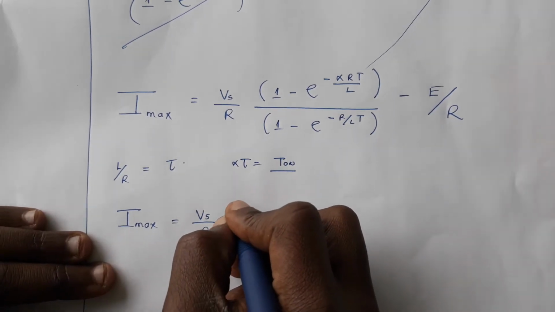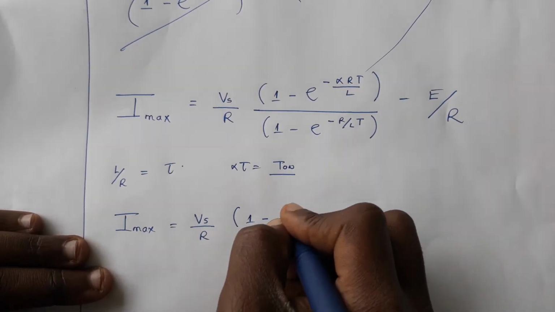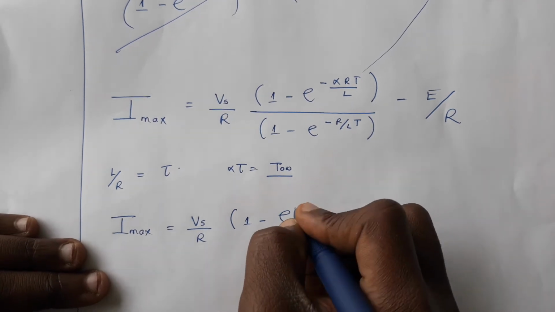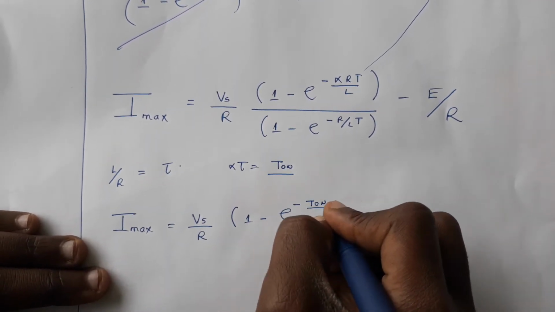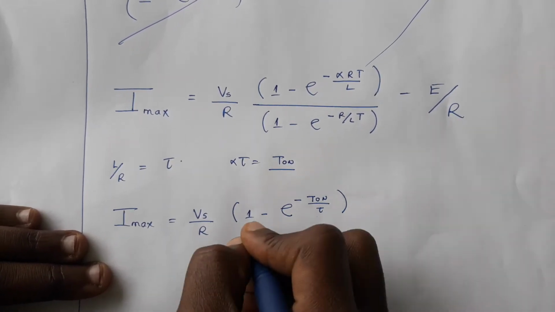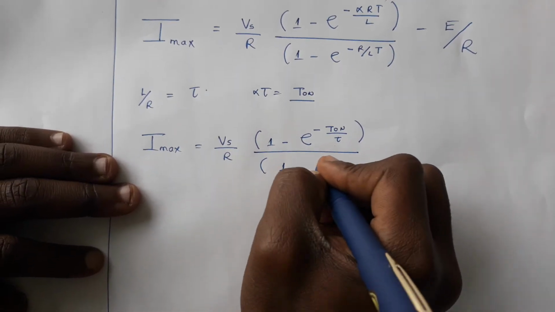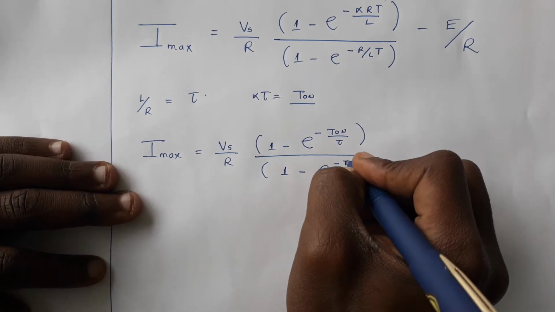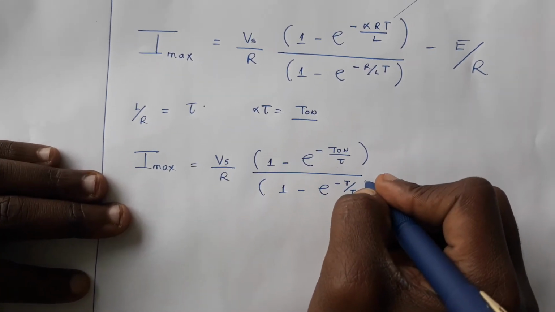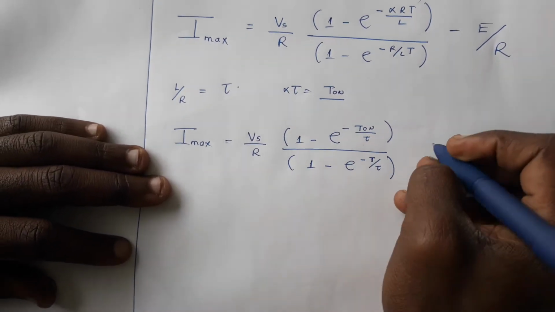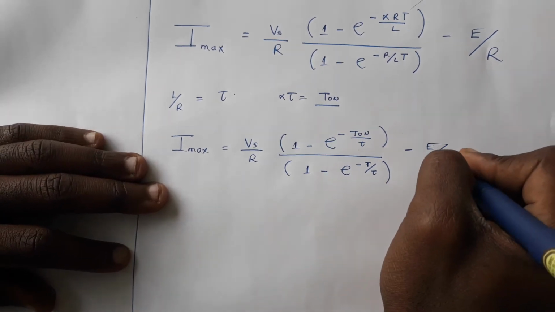So Vs over R, 1 minus exponential minus T on over tau, over 1 minus exponential minus T over tau, this is the period here, minus E over R.